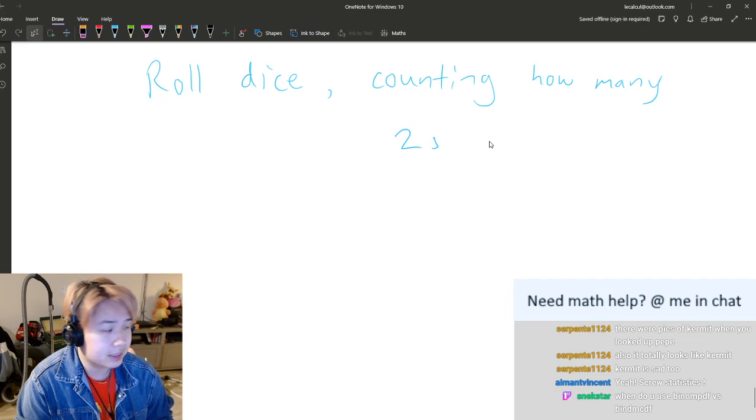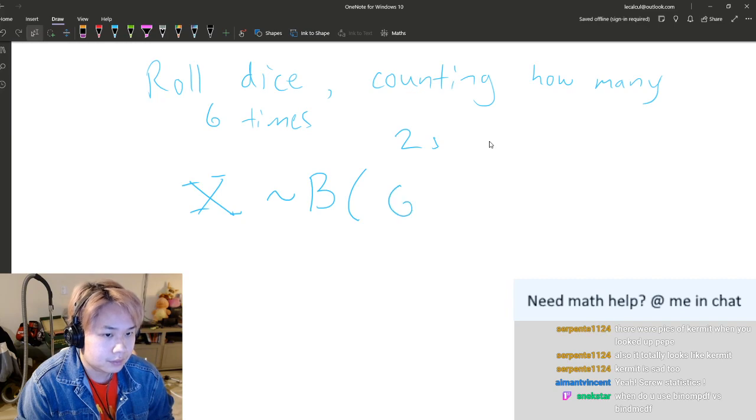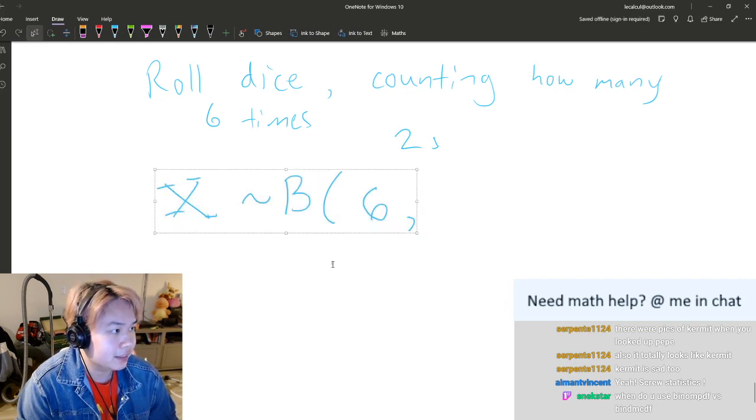So you can say that in this one, your variable x, which is counting 2s, is binomially distributed. And let's say you roll it 6 times, right? So the way it's written is, okay, your counting of 2s is binomially distributed.